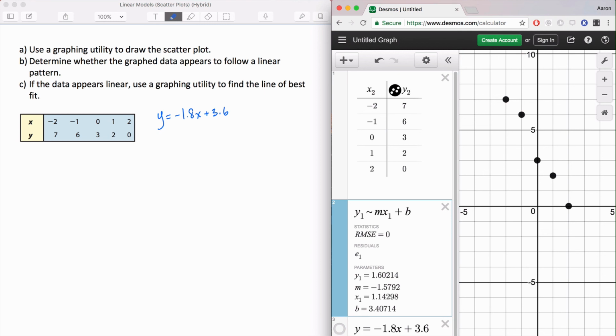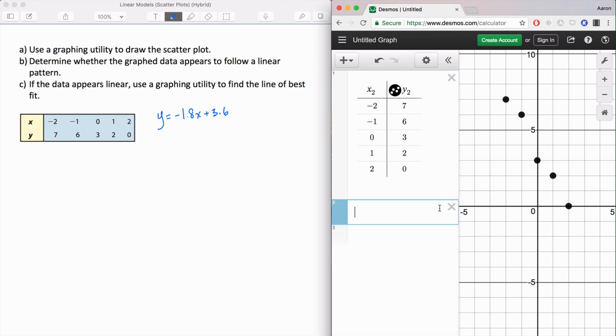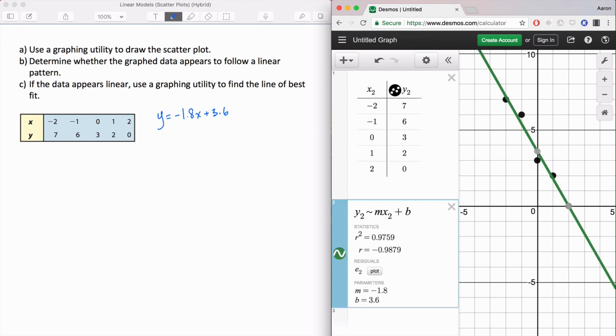That's because I just changed the table to be x sub 2 and y sub 2 for demonstration purposes. If I change it to be y sub 2 is about m x sub 2 plus b, our equation comes back. So again, you need to make sure that the values you have here match the variables that are used in your data table.